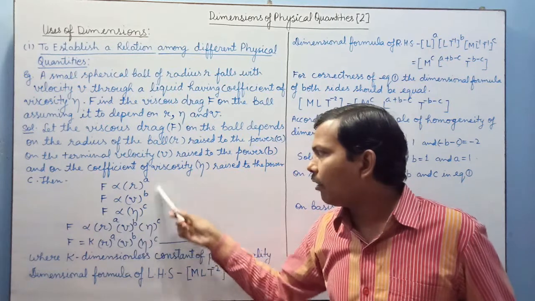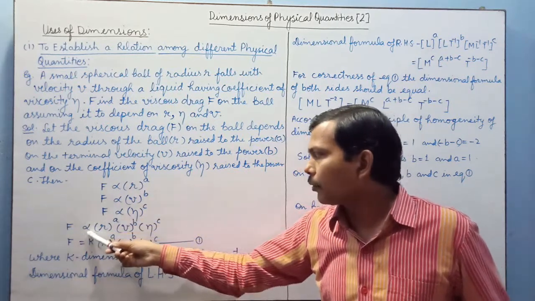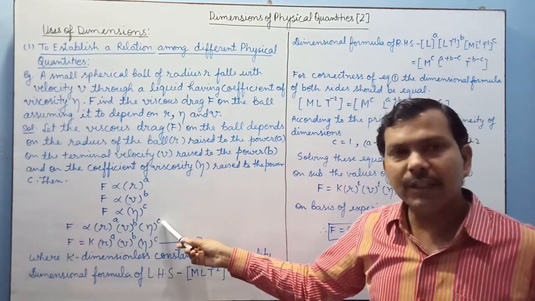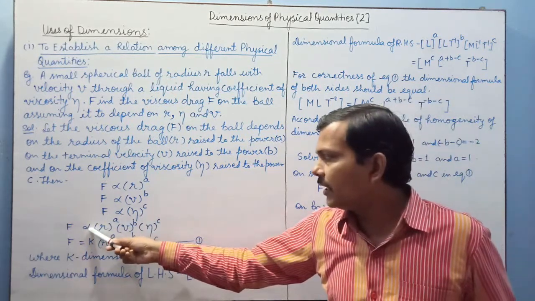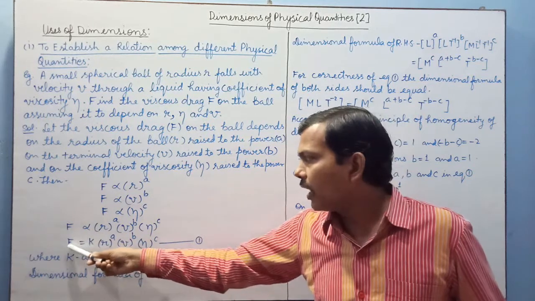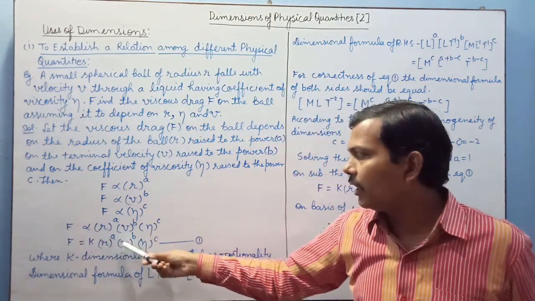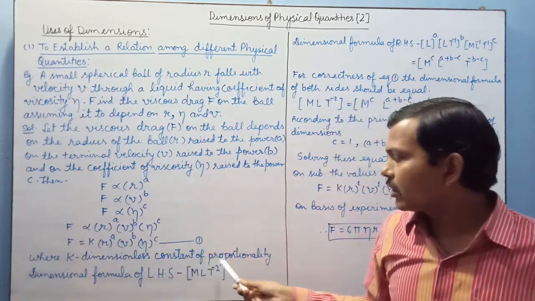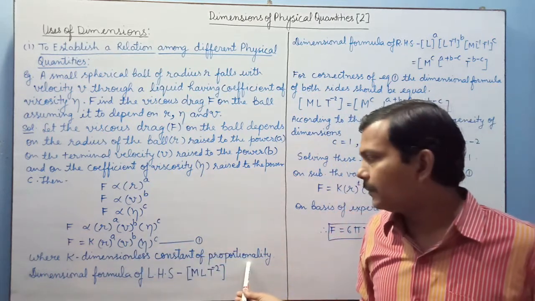If we combine all three, we get F proportional to r power a, v power b, eta power c. If we remove this proportionality, we have a constant, so F is equal to k r power a, v power b, eta power c. Here k is a dimensionless constant of proportionality.